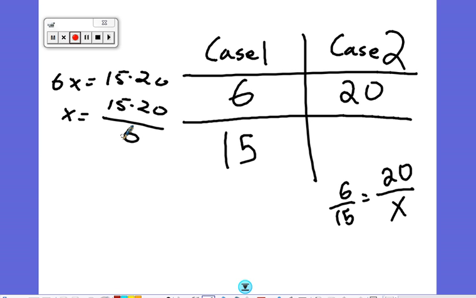I can simplify this one. 6 is 2 and 3, right? So 15 divided by 3 is? 5. And 20 divided by 2 is? 10. And 10 times 5 is? 50. So if I was lugging around 20 of those books that had that constant rate, it would be 50 pounds.